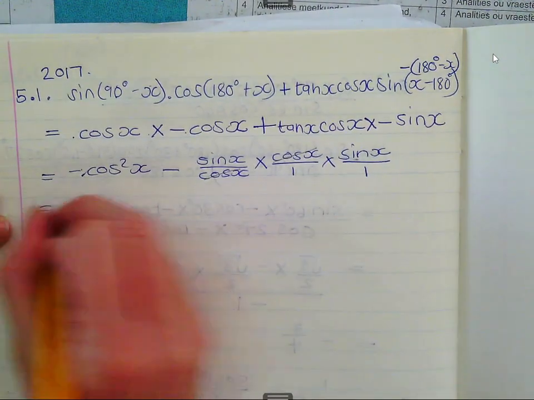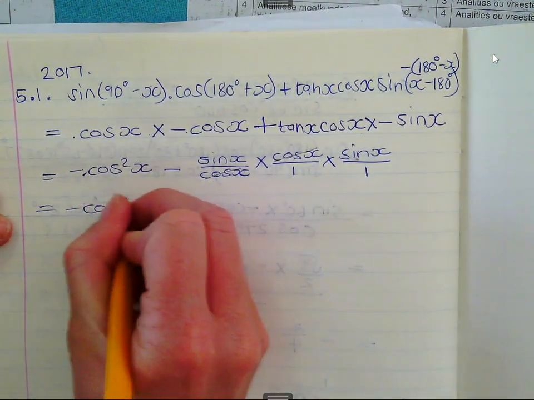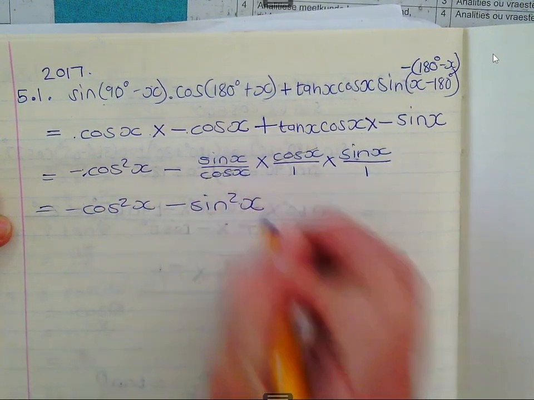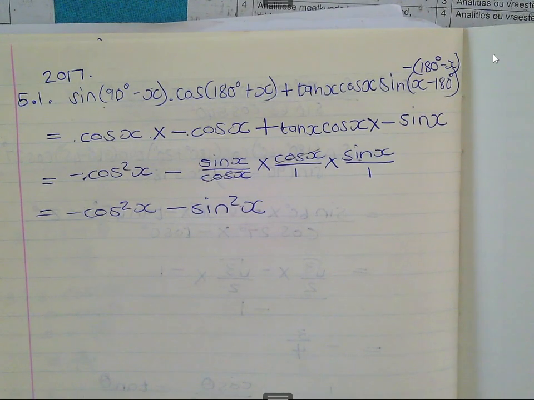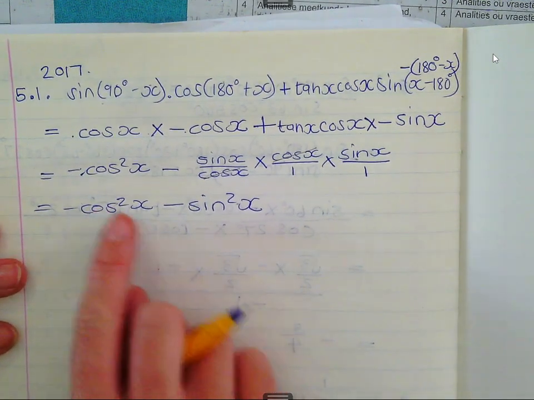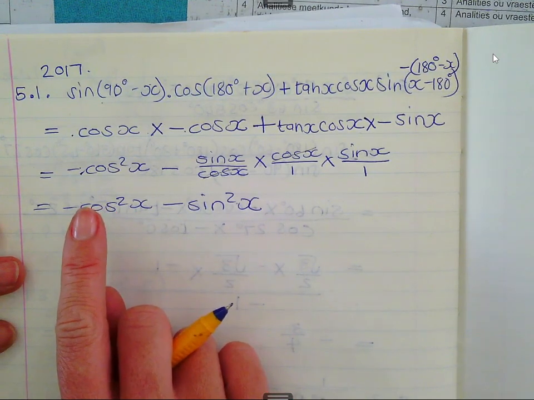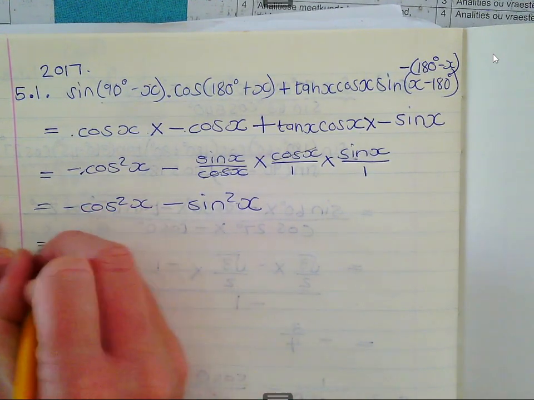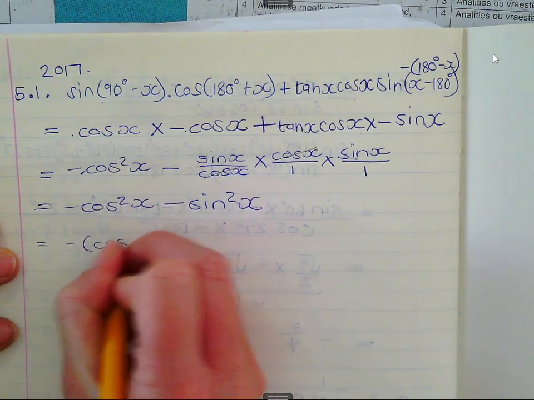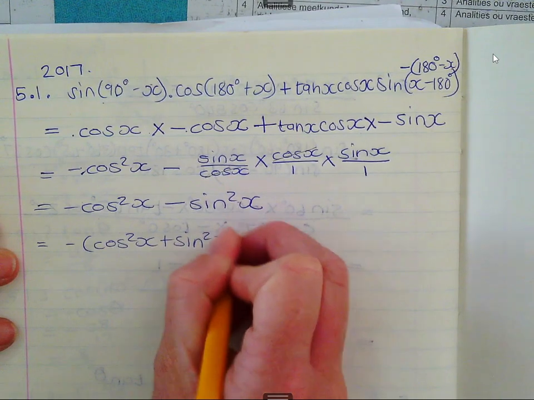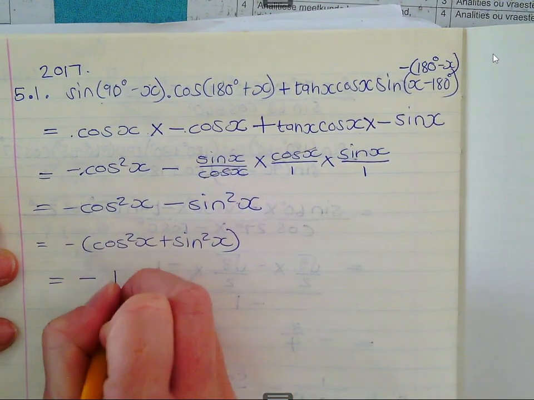I'm left with negative cos x times cos squared x minus sin squared x. Do you notice that this almost looks like an identity? But not yet, and the reason for that is because of the signs. Both should be positive and now both are negative. So I can take out the negative and then I'm left with cos squared x plus sin squared x, which is 1, and my answer is negative 1.